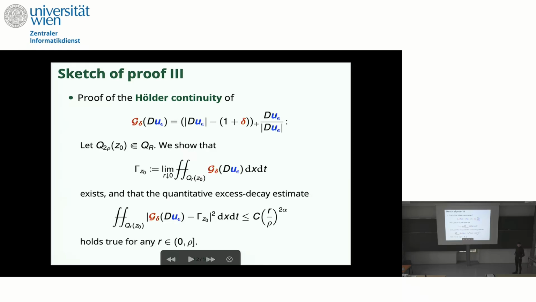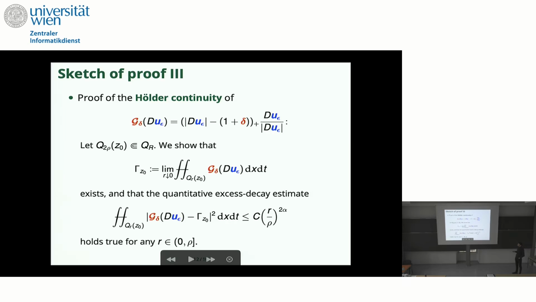Okay, for this matter, we again do local estimates. So let's consider another subcylinder with radius 2 rho, vertex Z0, compactly contained. What we show is that this Lebesgue representative, this gamma Z0, the limit of the mean value, exists, and that we have this quantitative L2 excess decay estimate for G delta minus this Lebesgue representative.